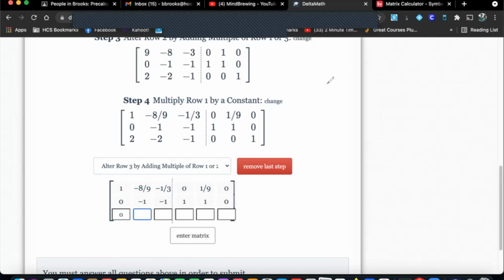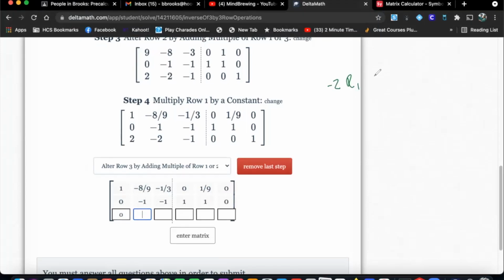Just to keep you up to speed, what I'm doing is I'm multiplying -2 by row 1 and I'm adding to row 3. So in column 1, basically, I guess I could just do all of column 1 really, but in column 1, it'll be -2 times 1 plus row 3 was 2, so that's how I got 0.